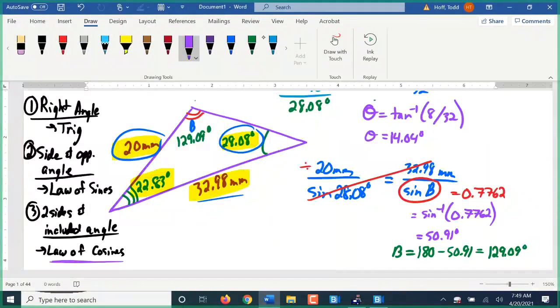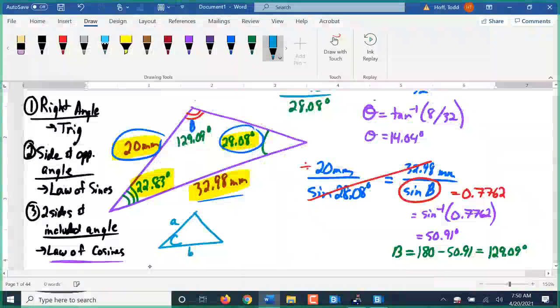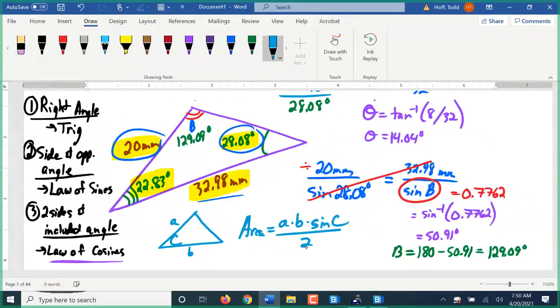And I showed you guys a shortcut formula yesterday for finding area. If I have sides A and B and angle C, the area of a triangle is A times B times the sine of angle C over 2.